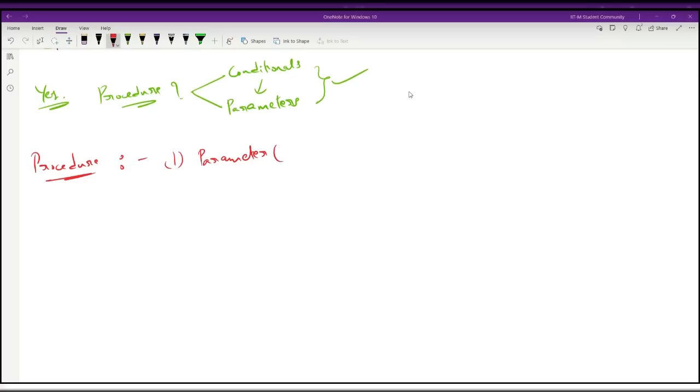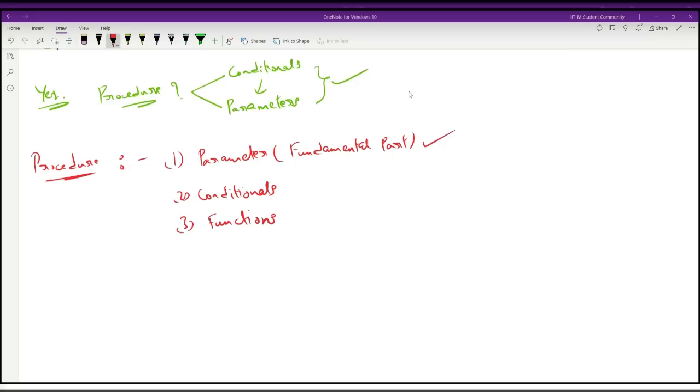So the parameter is the base requirement, the fundamental part of a procedure. The second is conditionals, and the third one is functions. I'll explain section-wise.